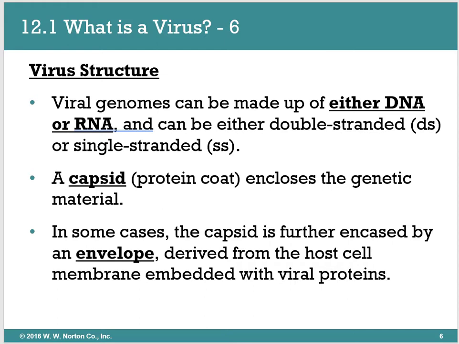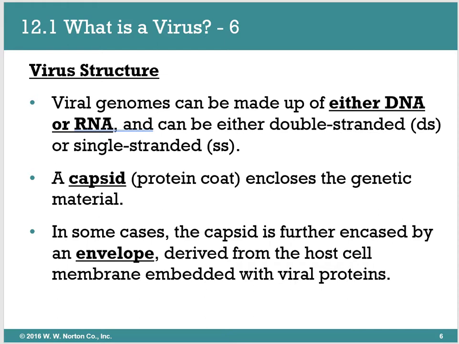And then also sometimes some viruses will have an additional layer called an envelope, but the envelope is directly derived from the host. So some viruses won't develop an envelope because they haven't come in contact yet with the host cell in order for them to integrate some of the membrane into their structure.